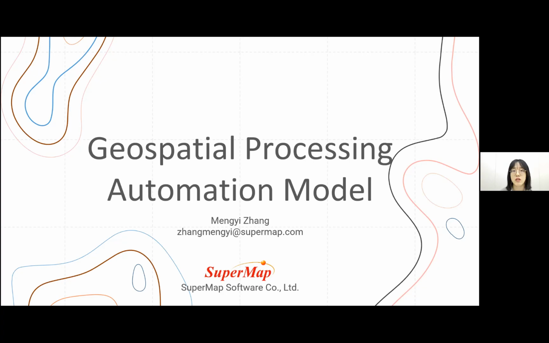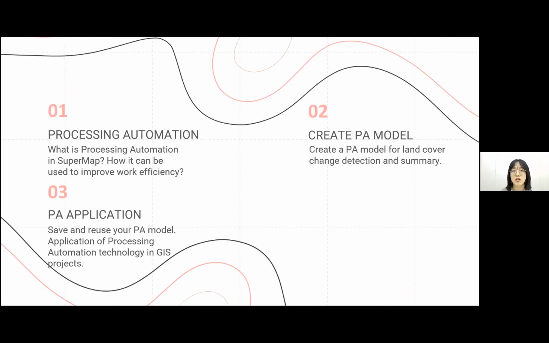First, we will have a general introduction to processing automation: what it is, why you would use it, and how you can use it to improve the overall work efficiency in your project.